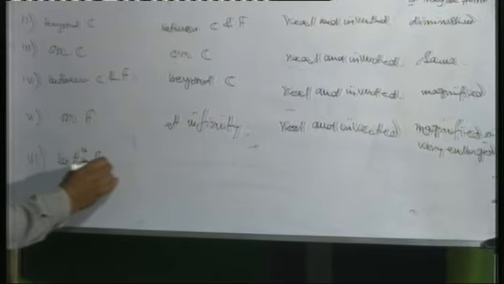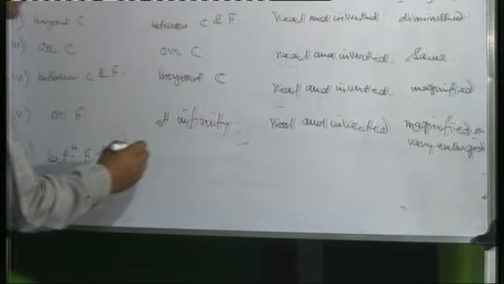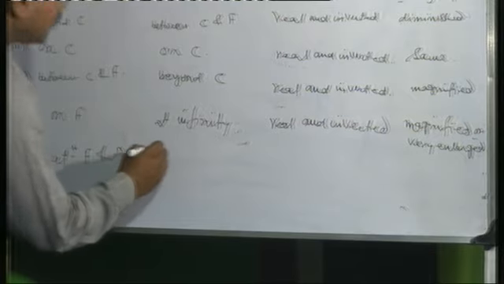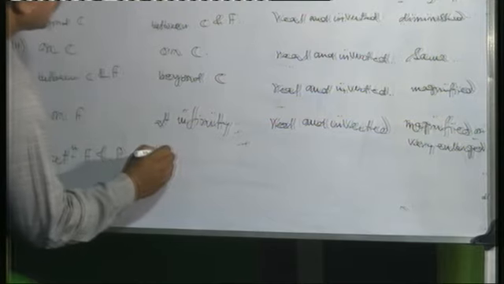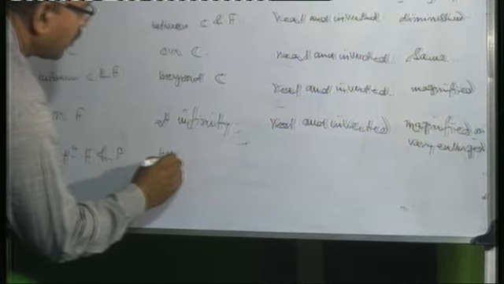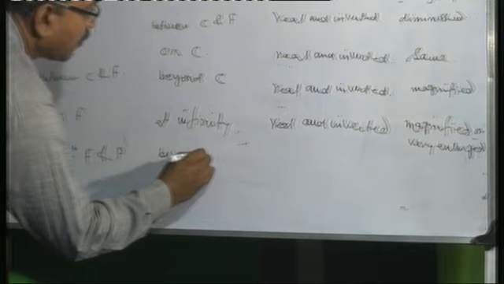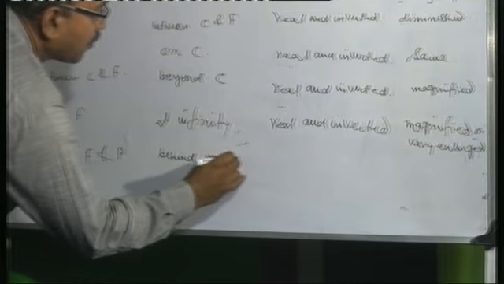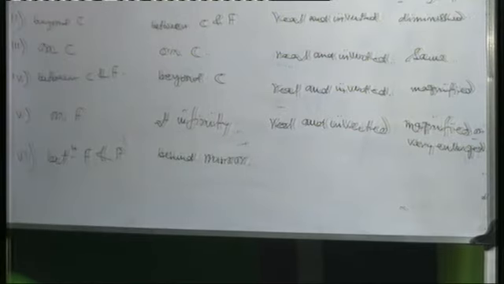Okay, last. Object between F and pole, image behind the mirror.